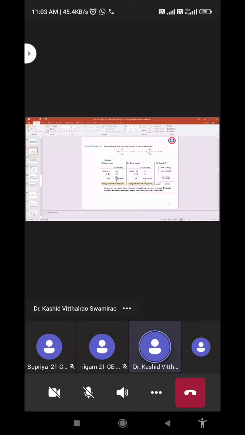Kilocalorie per mole with a plus means the energy is required. You have to break these two bonds, so the energy required is plus 198 kilocalorie per mole.